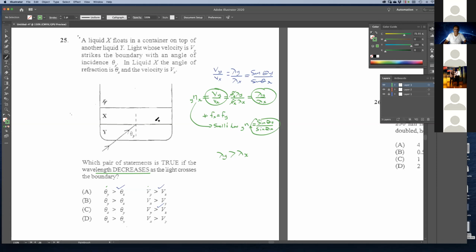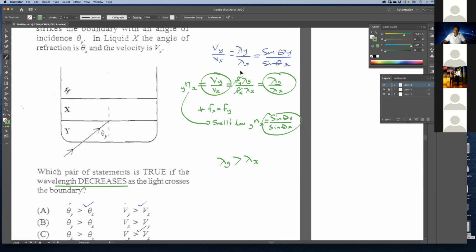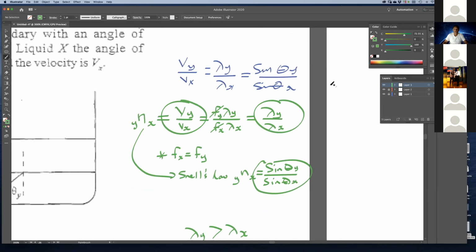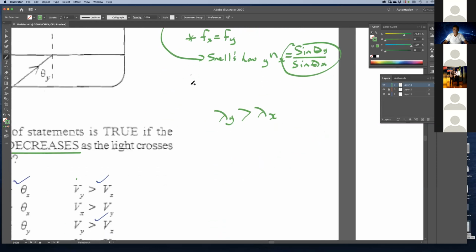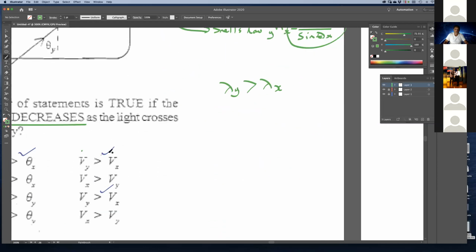And if lambda y, look at the math, is greater than lambda x, then guess what about v? Vy must also be greater than Vx, not so? Right? And therefore this statement is true, and this statement is true. These two are wrong. Vy is greater than Vx.